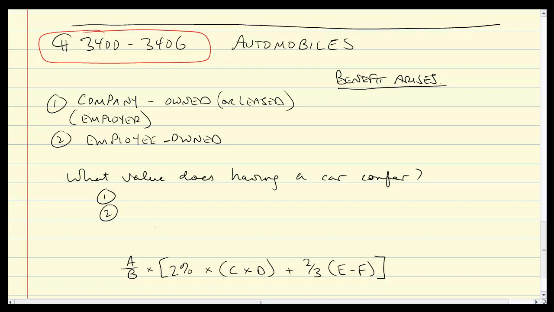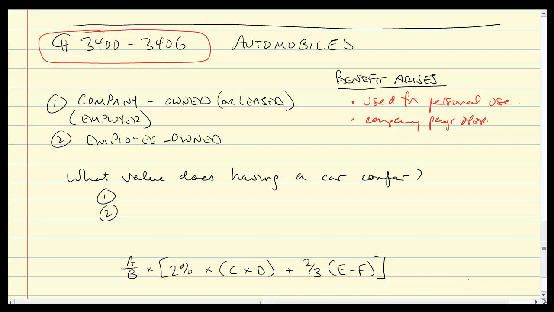So a benefit arises if the company owns it. The benefit arises when it's used for personal use, right? It's not hard to argue that. It's easy to understand that. Or when the company pays operating costs.